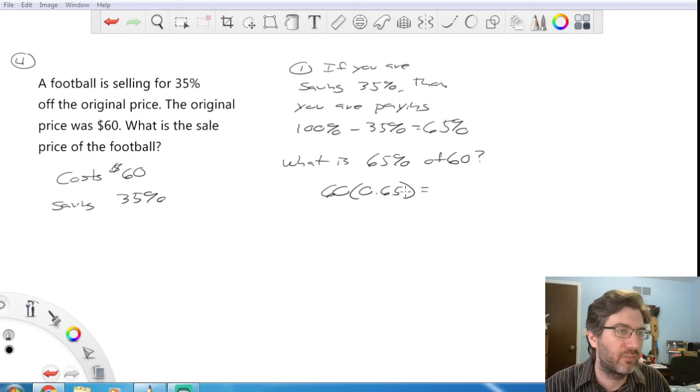The other way to solve it, I guess I could give you a little template. I can make one up right now. So you're going to take your original price and you're going to multiply it by 1 minus your percentage as a decimal. That's going to equal your sales price.